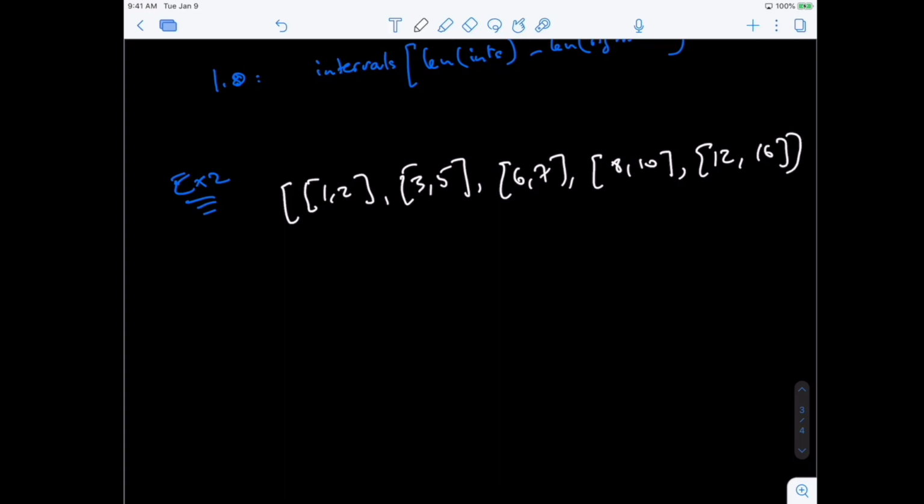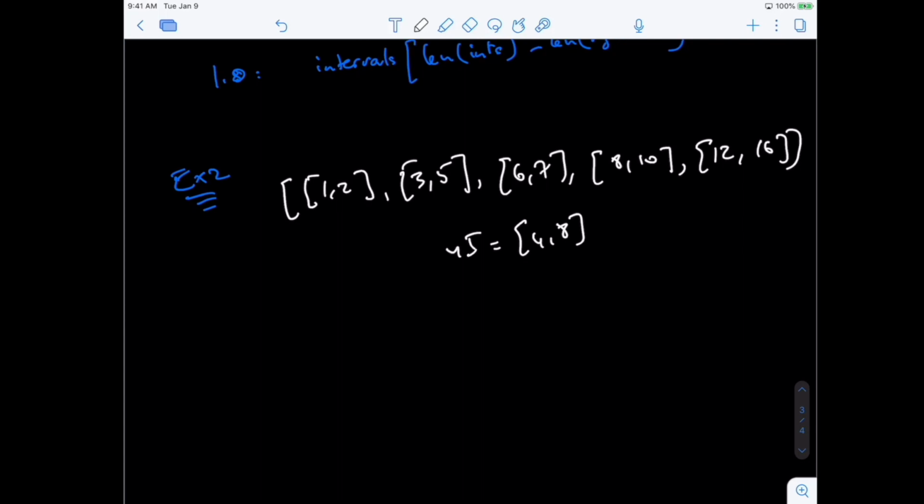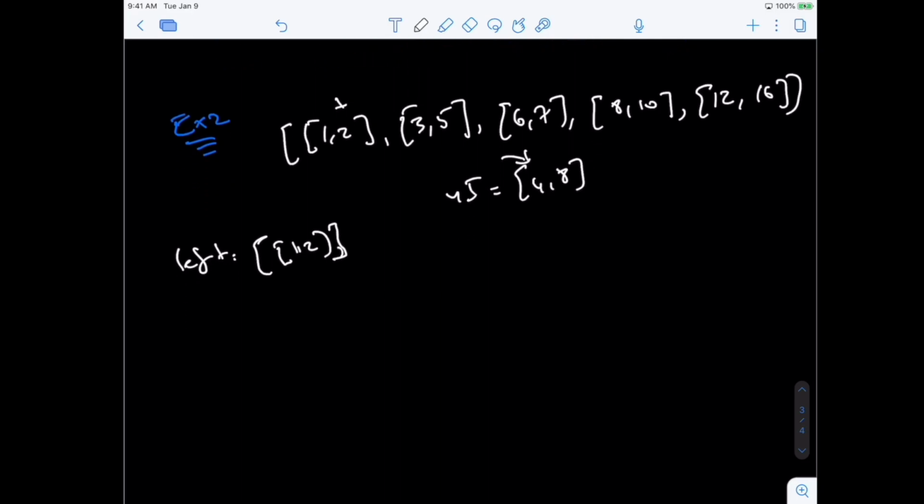And the new interval is 4, 8. So what is the left side? The left side are all those where the ending is smaller than 4. So 2 is smaller than 4, so it's part of the left side. Is 5 smaller than 4? No, so that's not part of the left side. We can start our right.